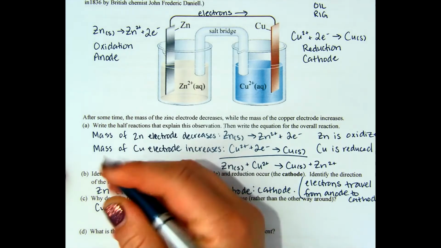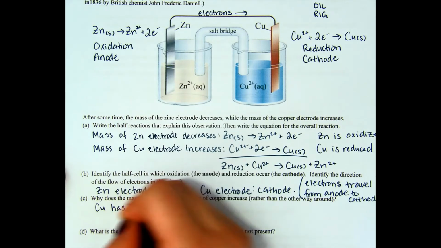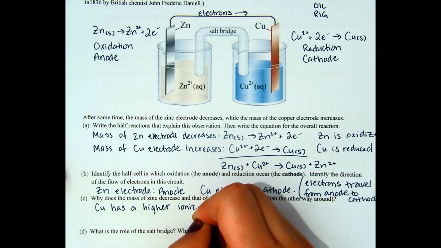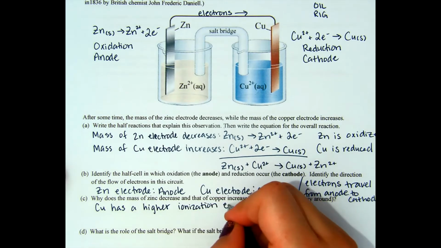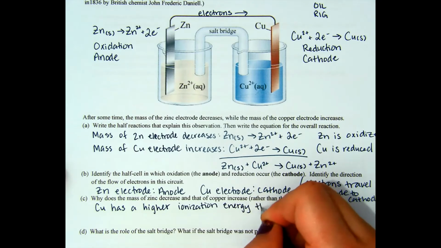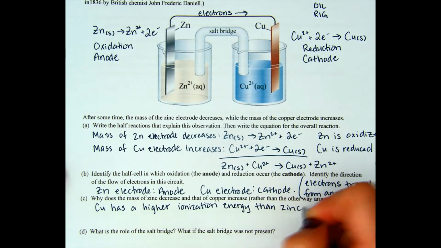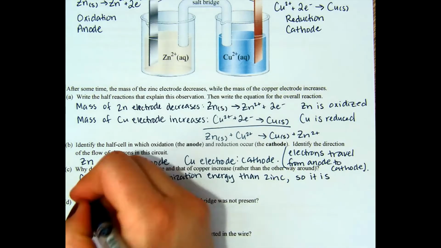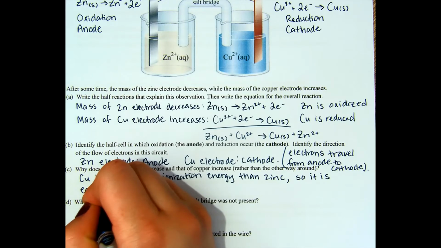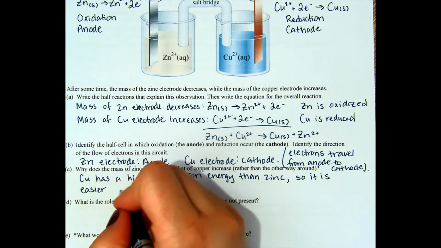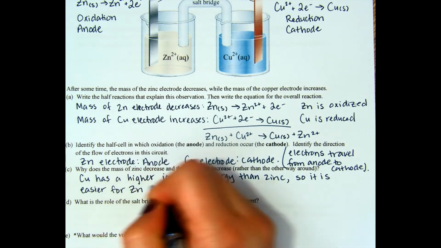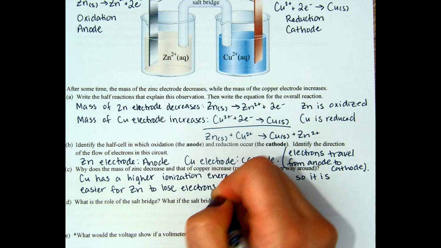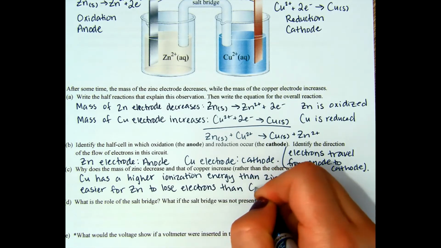So copper has a higher ionization energy than zinc. So it is easier for zinc to lose electrons than copper.